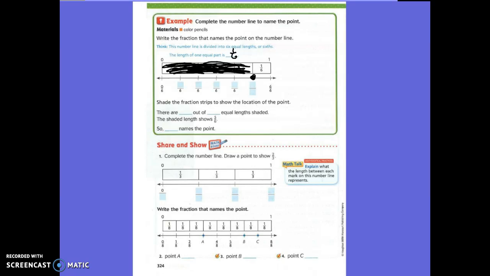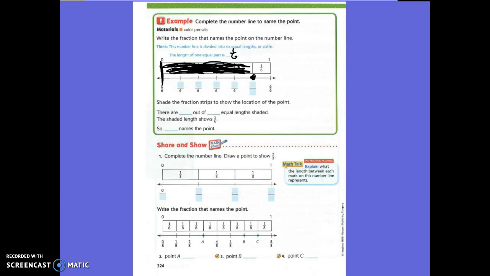Let's find all the fractions until we get to that point. Remember, on a number line, what do we start with? Zero. You have to start with 0 on a number line. So the first one is 0/6. Because this is a fraction, if you start here, you have no 6 yet.